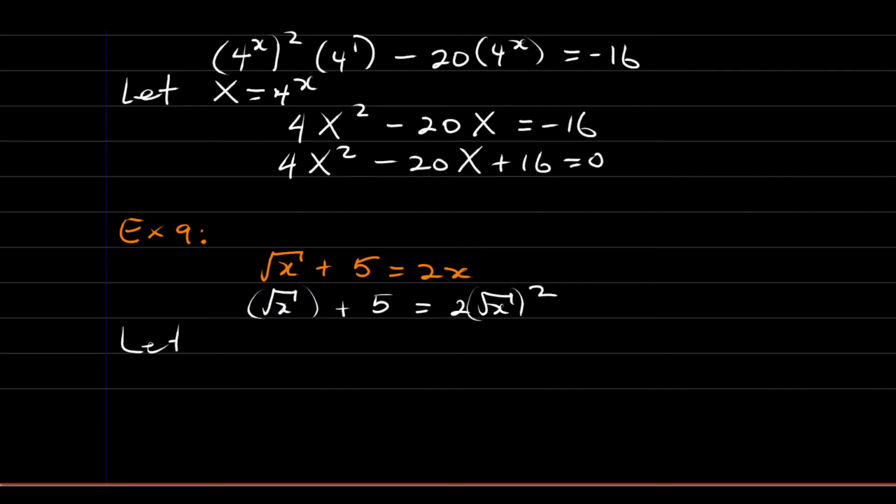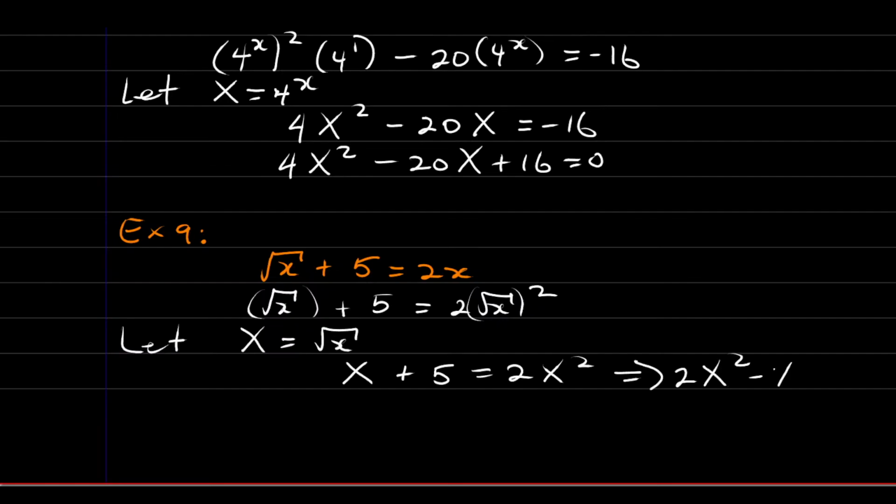I'm going to say let x equal to the root of x, and we're going to get that x plus 5 is equal to 2x squared, and I'm going to just rewrite everything and put it on one side, so I'm going to get 2x squared minus x minus 5 equals 0.